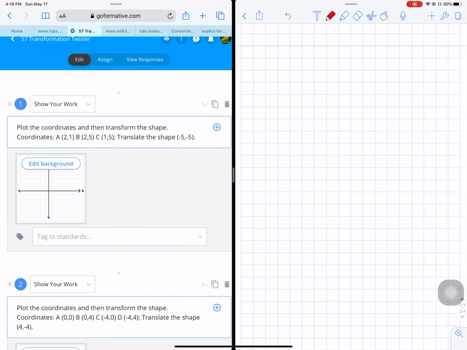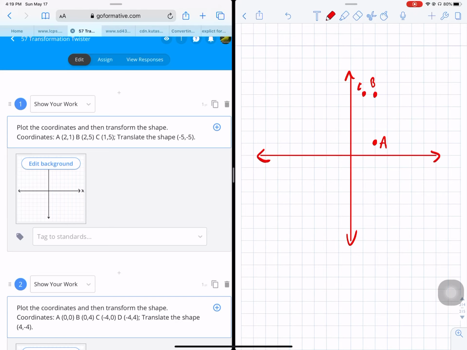All right, so let's say that you have to plot this first one. 2 comma 1 is A, 2 comma 5 is B, 1 comma 5 is C, and negative 5, negative 5.